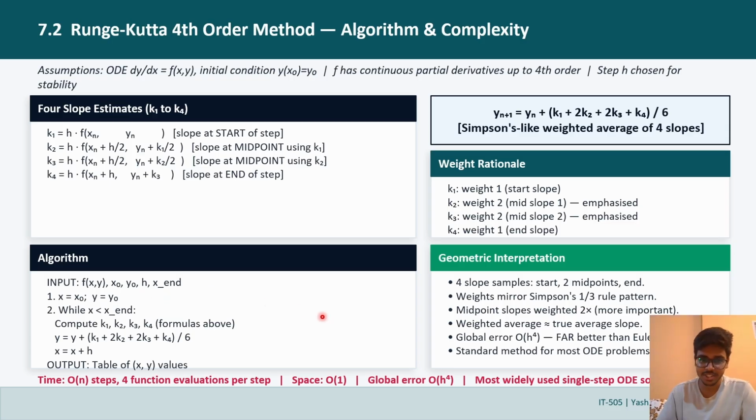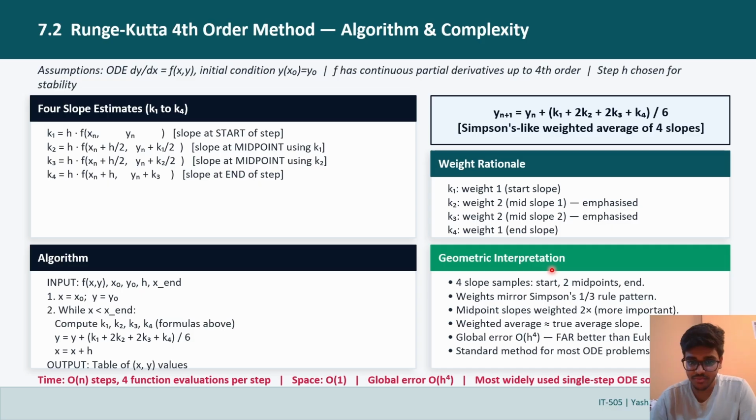The geometric interpretation: Euler uses one slope measurement only, the starting slope, and takes a straight line step. The Runge-Kutta method uses 4 carefully chosen slope samples across the step interval, 1 at the start, 2 at the midpoint using progressively better estimates, and 1 at the end.